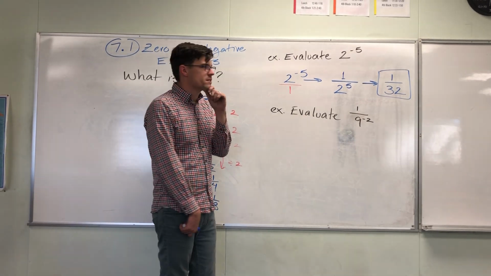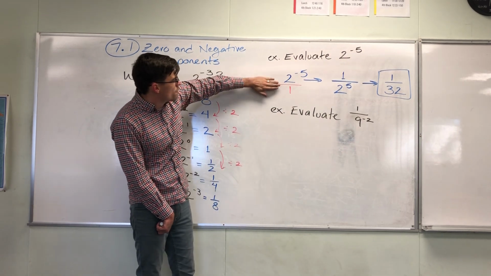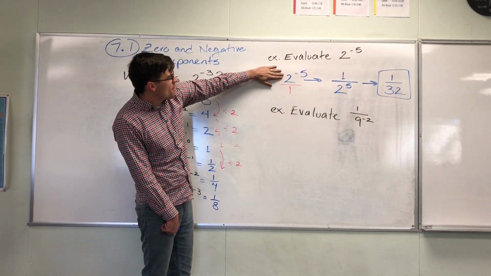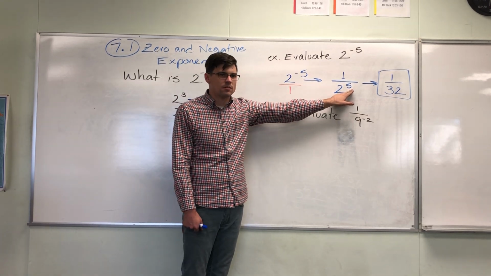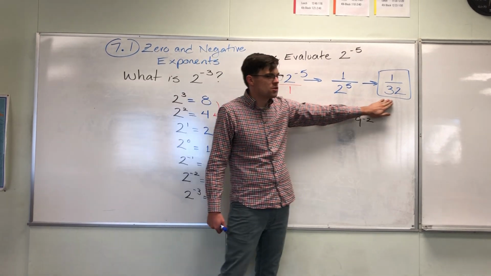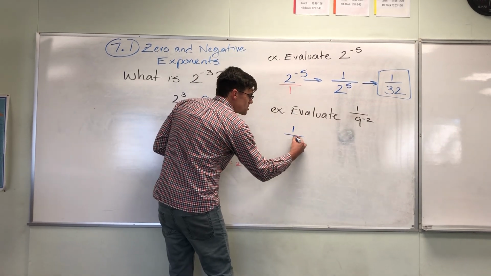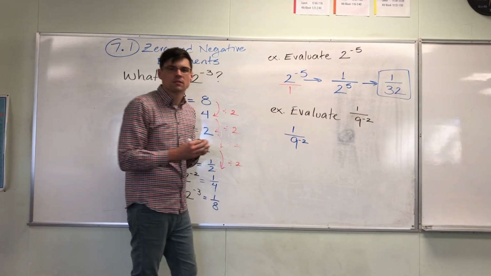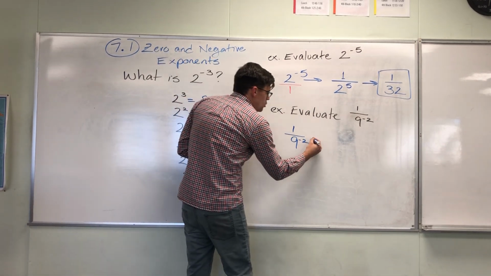In the previous example, we started with 2 to the negative 5, and we first turned it into a fraction. Then we said that the power moves across the fraction, and now it's a positive exponent. From there, we just had to evaluate what 2 to the 5th power is. This time around, my expression is starting in the denominator, so I'm going to move it across the fraction bar into the numerator.